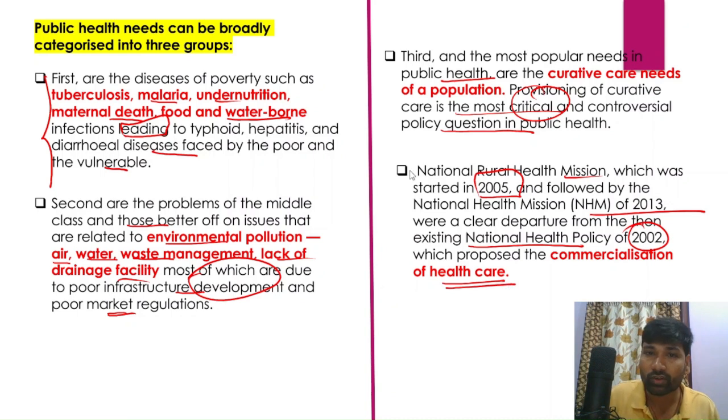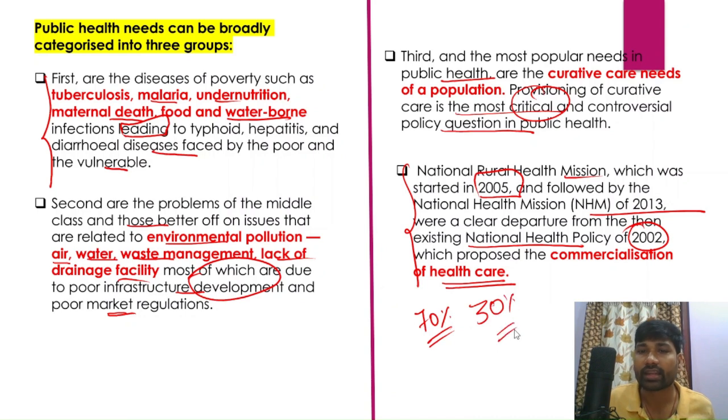As a result of the commercialization of healthcare, 70% of the healthcare in India is in private hands, and just 30% is in public hands. Apart from that, primary healthcare is largely in public hands, with a poor presence of the private sector.